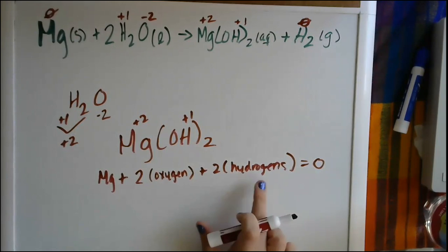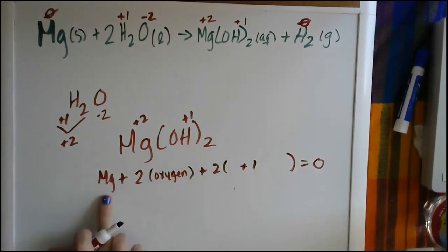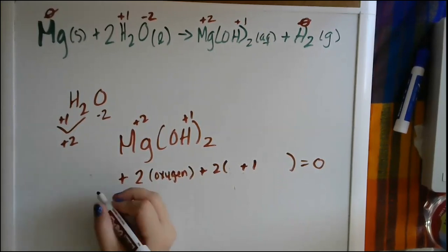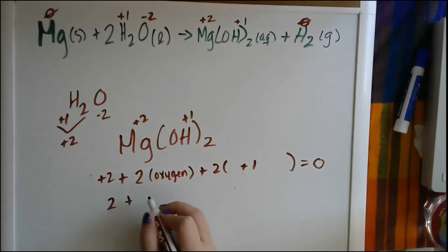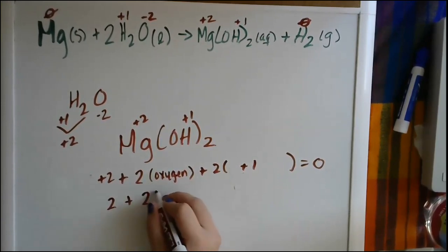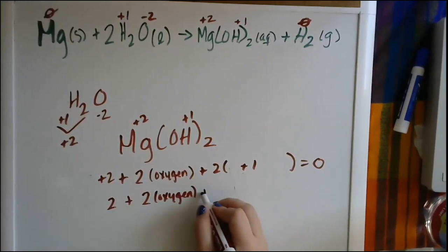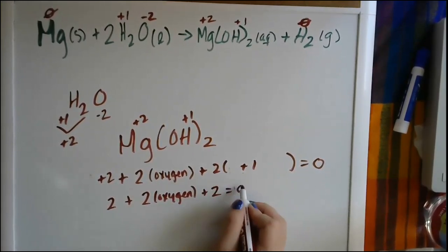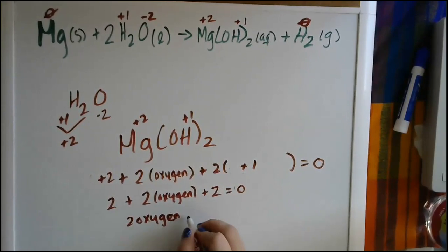So we have 2 plus 2 times oxygen plus 2 equals 0, or 2 times oxygen plus 4 equals 0.